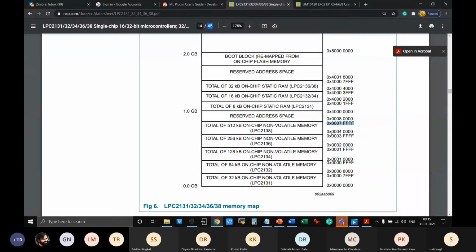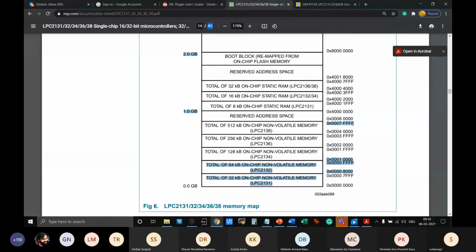This entire location is reserved for flash memory. Suppose you are using any other microcontroller like 2131, in such a case this range of memory locations is unused. So from 8000 to 7FFFF is unused for 2131.